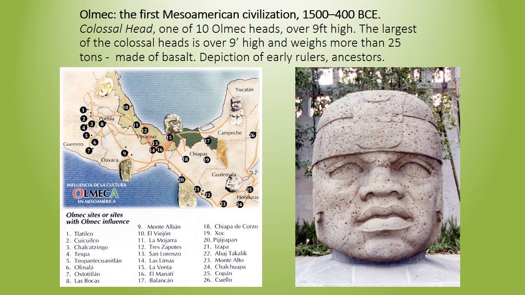And so many of these heads have been found. The largest, you can see, weighs more than 25 tons, so they're huge, enormous carvings. And most of what we know from this civilization, and some of the others in South America, comes from archaeological evidence.